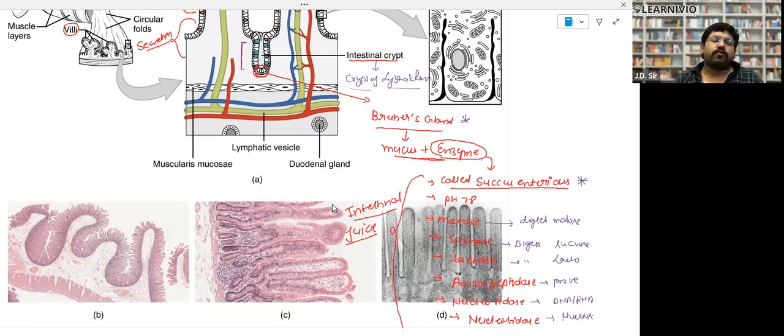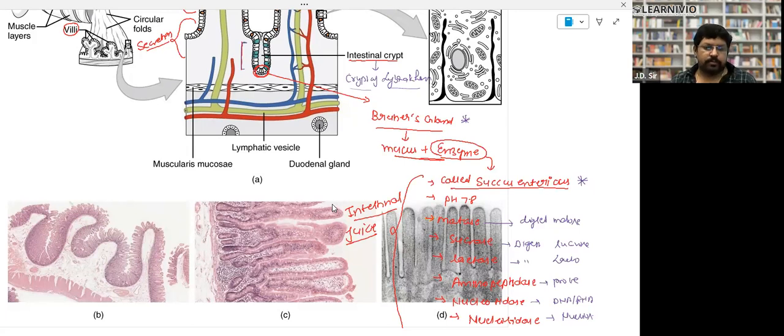At the base of the intestinal crypt, or crypt of Lieberkuhn, Brunner's glands are present.